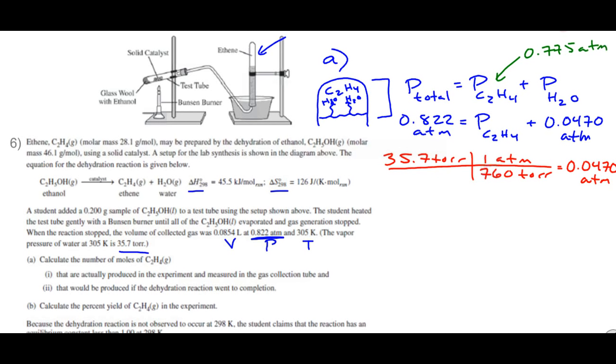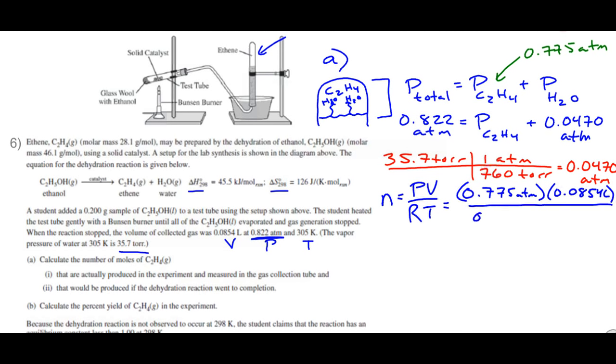Now I have my pressure as well. Now I can find moles. So n equals PV over RT. The pressure is what I just figured out. The volume of my gas was stated in the problem. My R value.